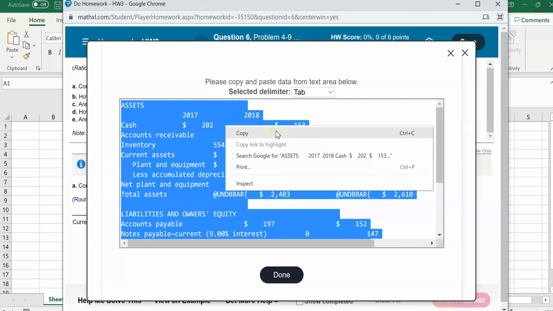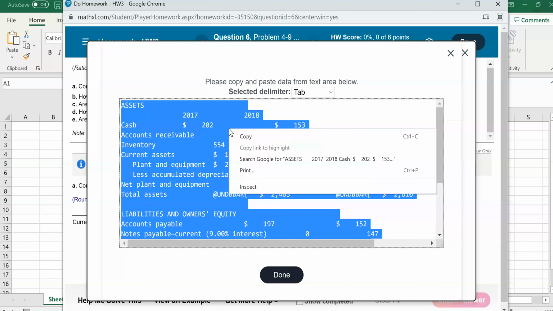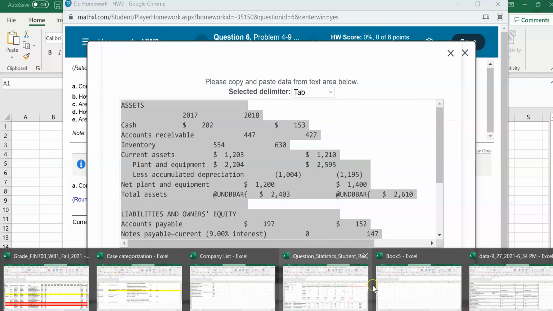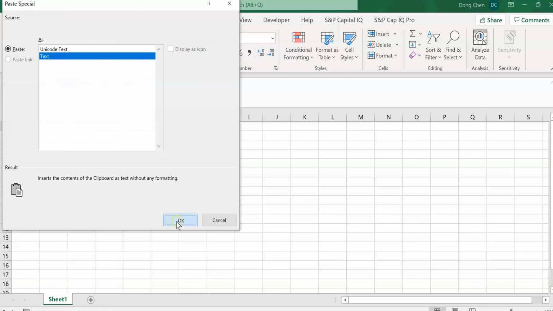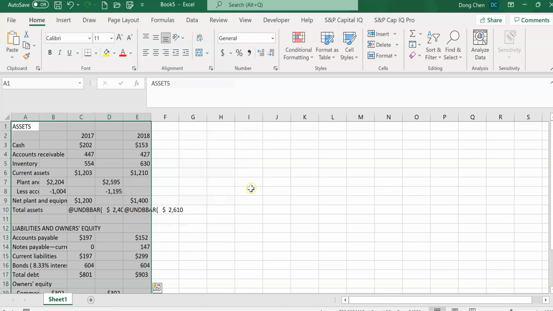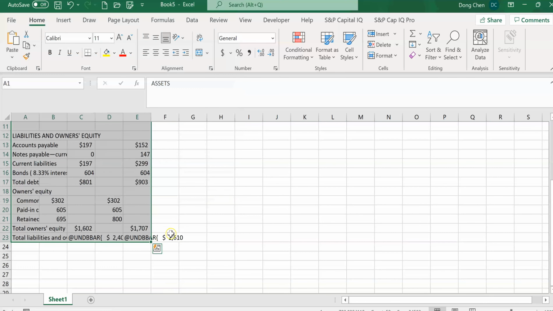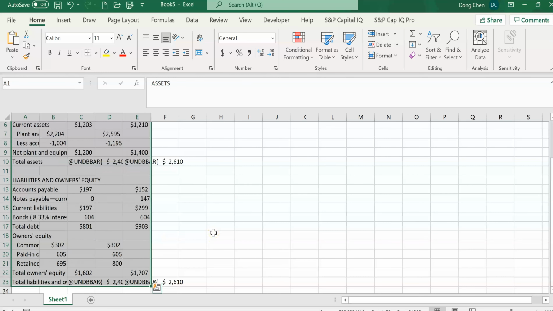Okay, so then copy, and then let's paste special, and let's use text. Wow, it looks like this is slightly better, I guess.